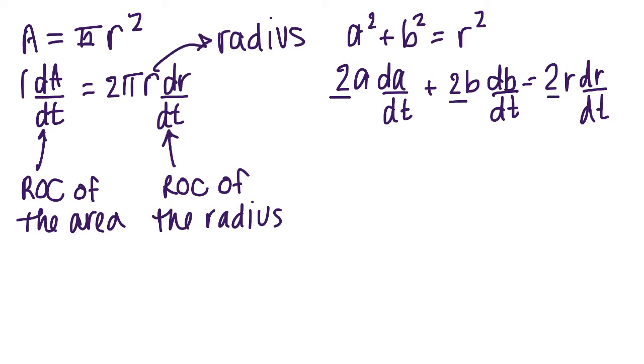And another common formula that we can go ahead and do the derivative of is, let's do the volume of a cylinder, because that's a common one that comes up. Volume equals pi r squared h, and that is one that tends to come up.